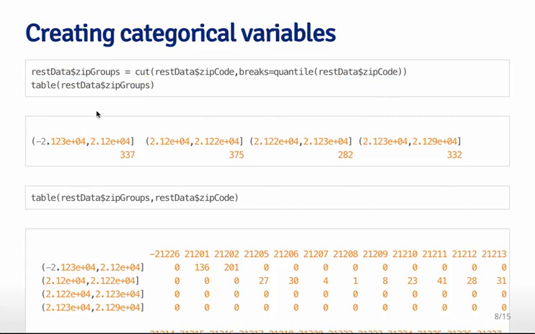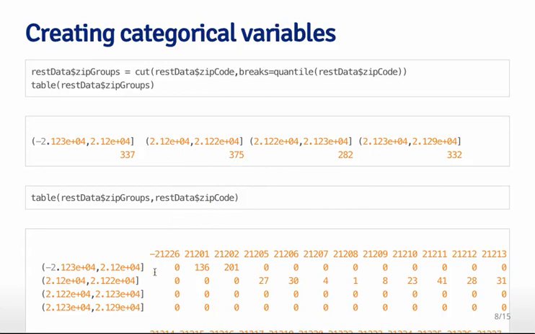What that will return is a factor variable. So zip groups is a factor variable where it will break the variable zip code up into the 0th to the 25th percentile, the 25th to the 50th percentile, the 50th to the 75th, and the 75th to the 100th percentile. For example, there are about 375 of the values that land between the 25th percentile and the 50th percentile.